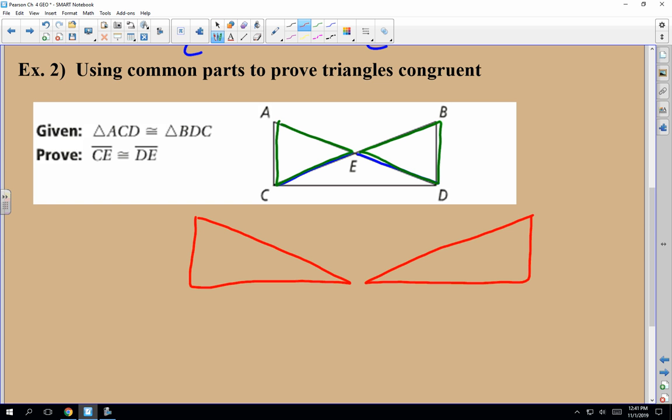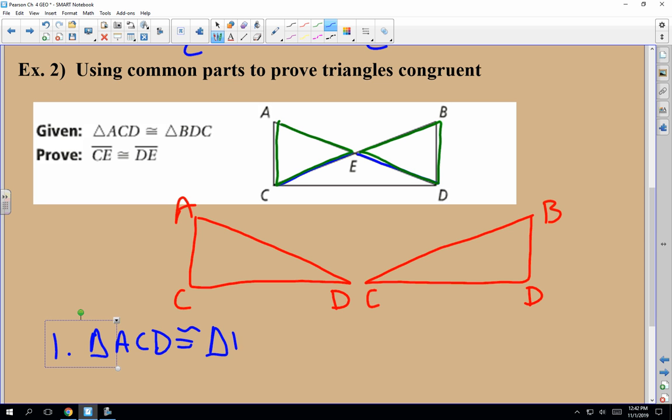So I'm dragging out triangle ACD, which is right here, and triangle BDC right here. And it's stated that those triangles are congruent. So that'll be step one in my proving. So step one is triangle ACD is congruent to triangle BDC.